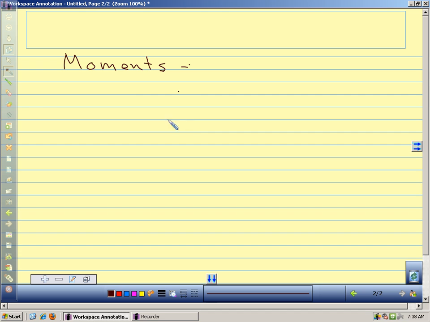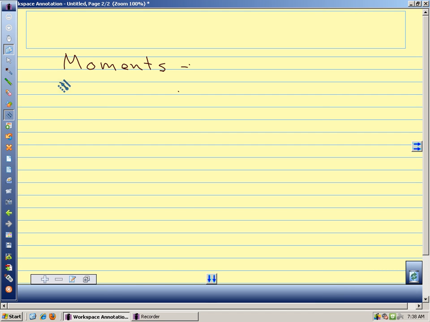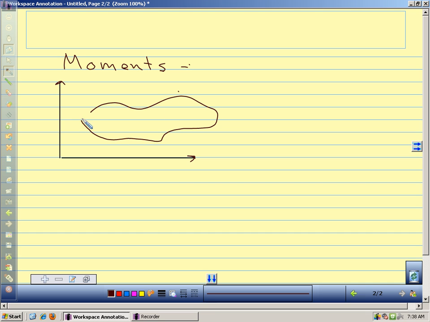So for moments, we're going to use our same drawing. We have a region in the xy plane, and we're talking about moments and center of mass of a planar lamina.